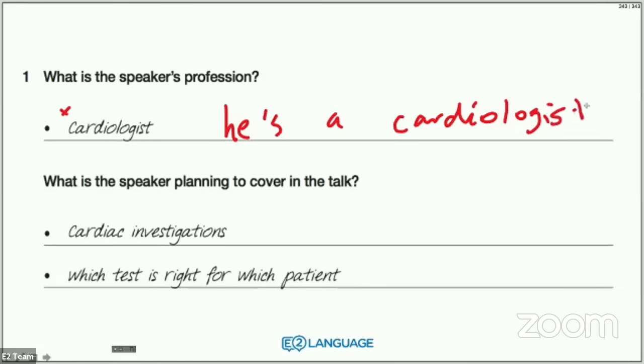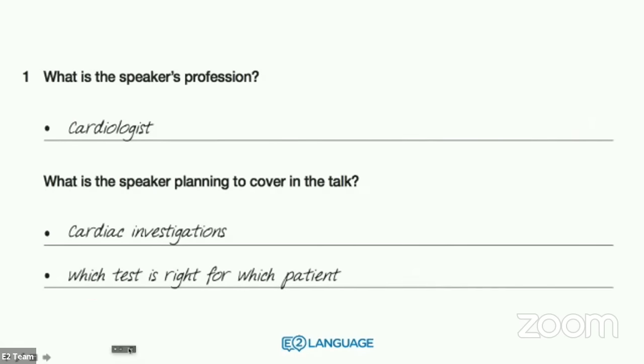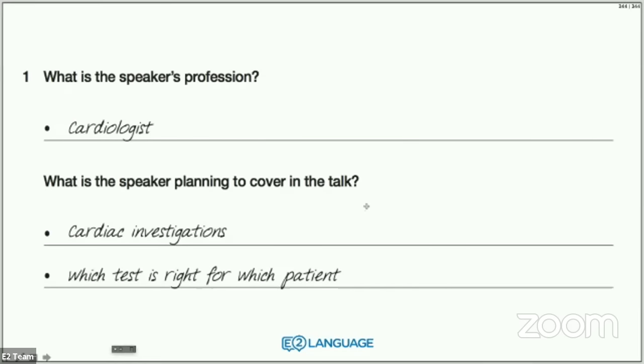That would also be correct, but you don't need to. You just need to write the single word there. Which test is right for which patient? There are probably various ways to write this, and that would also be correct as long as you get the main idea in there. Now, this brings me back to what I said before about underlining.